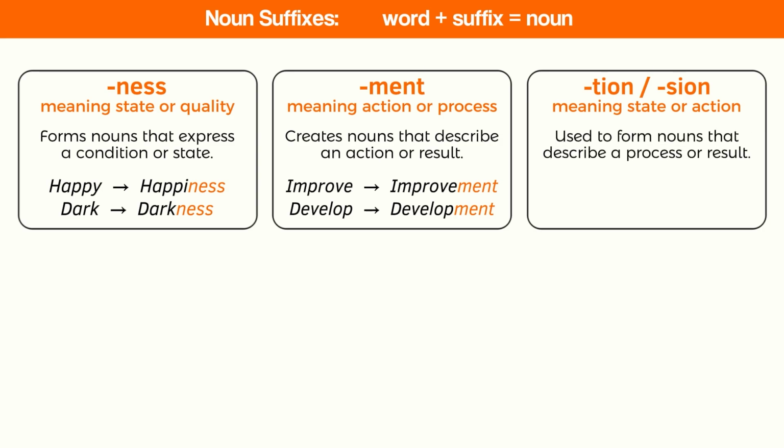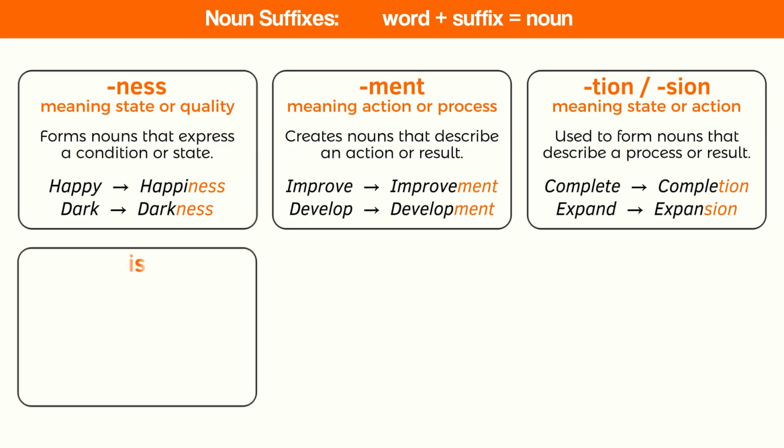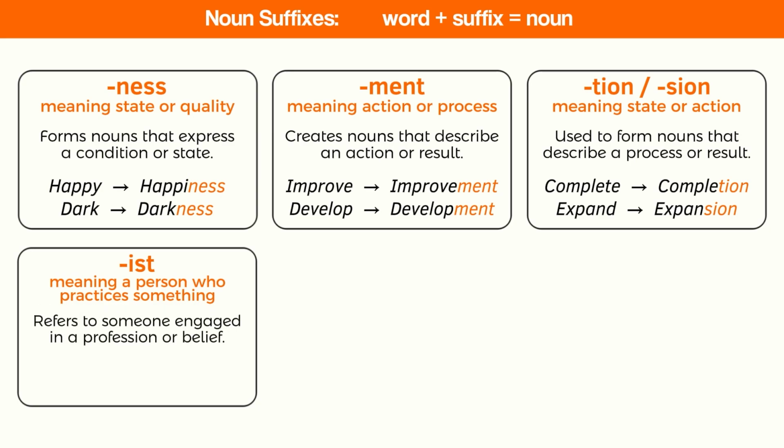Used to form nouns that describe a process or result. Examples: complete, completion, expand, expansion. The suffix ist means a person who practices something, refers to someone engaged in a profession or belief.